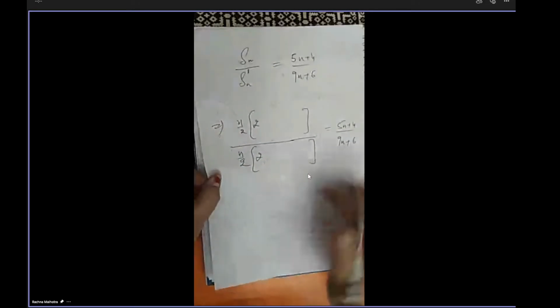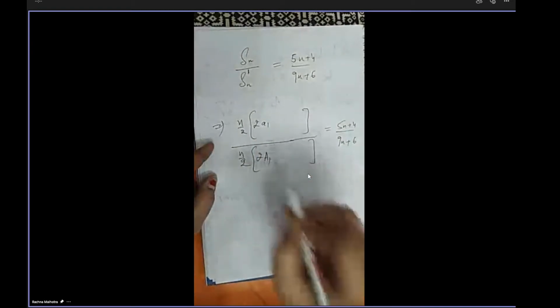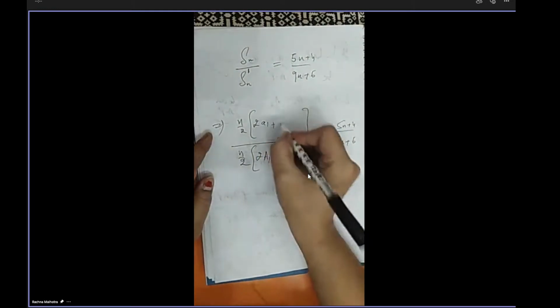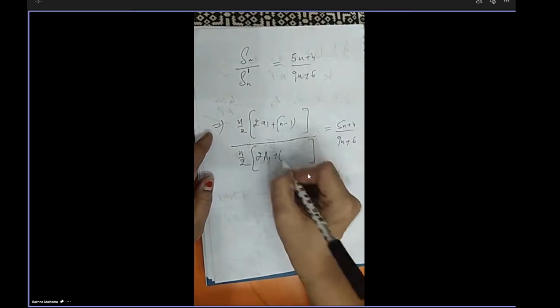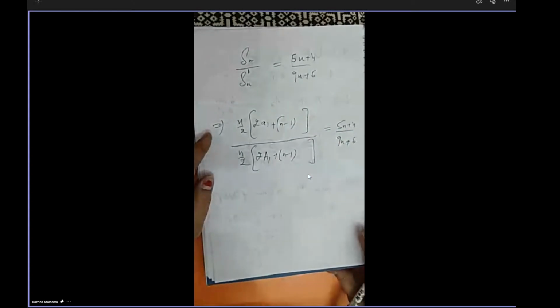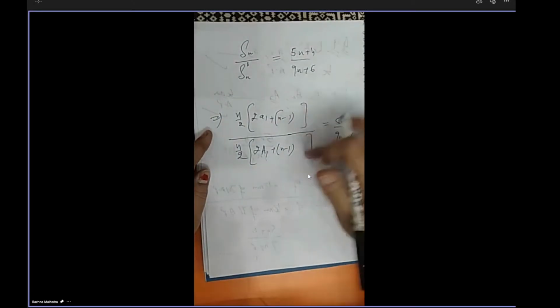No. In the first AP, we have described the terms in a different manner: capital A1, small a2. So here we can write small a1 and here we can write capital A1. N will remain the same. What about d now? Should d change or will it be the same?